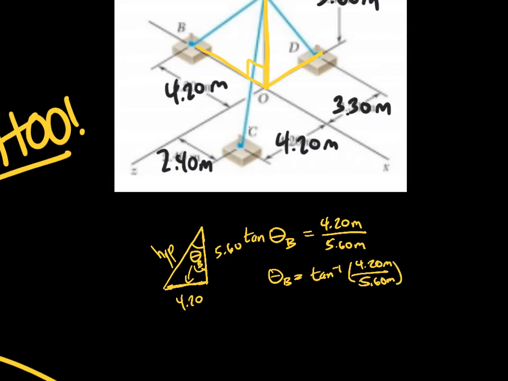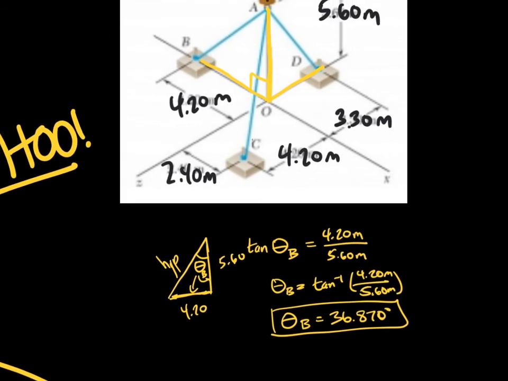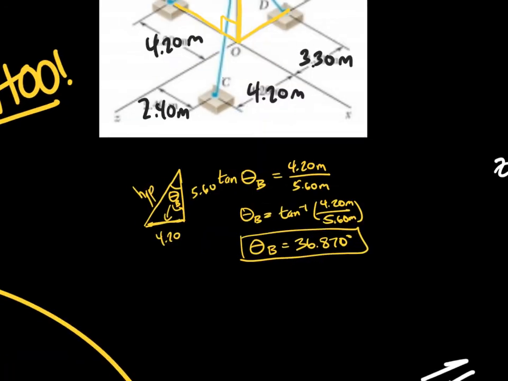By the way, if you're struggling with this trig, I recommend you pause the video and make sure you know how to do this, because the trig is going to come back again and again and again in this class. All right, so theta B is 36.870 degrees, which means now I'm going to want to get at the forces.